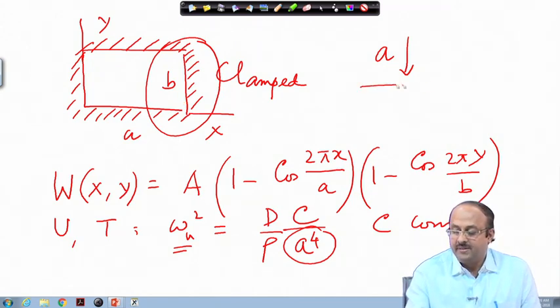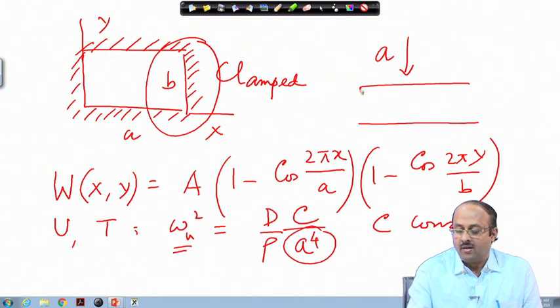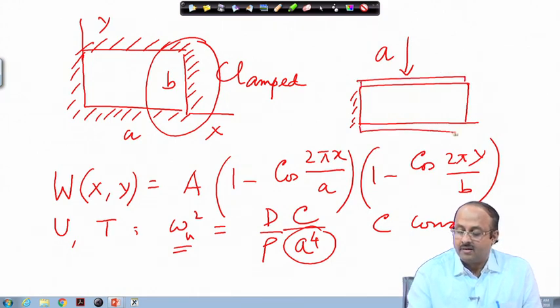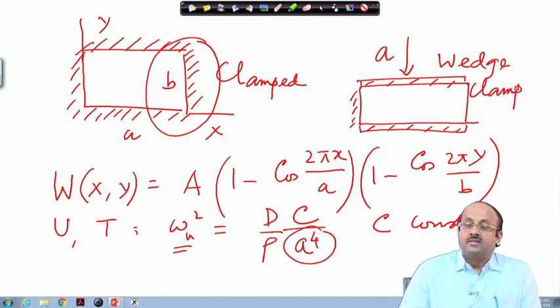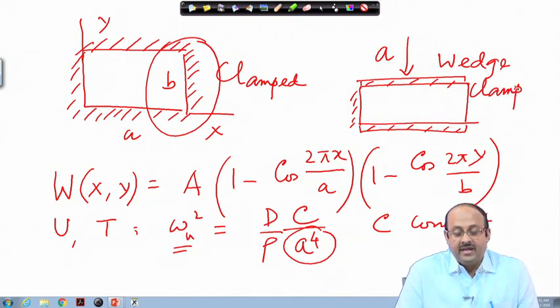For example, there are PCBs where only one edge is clamped and the other edge is free. But if you apply another kind of boundary condition here, maybe the wedge clamp, then its natural frequency could be increased.